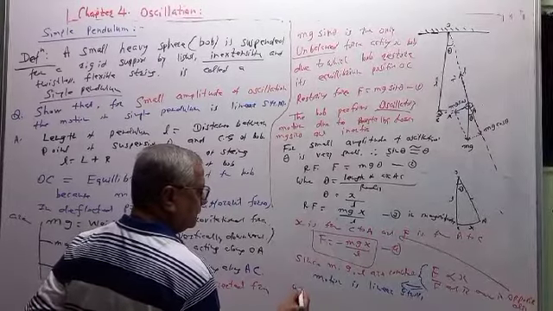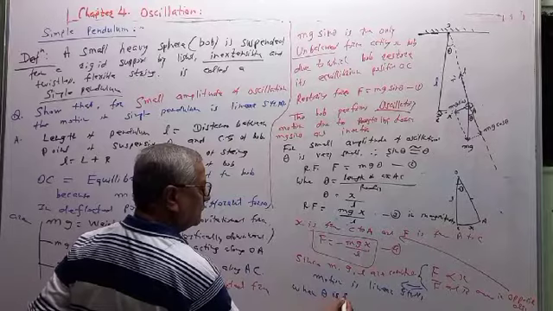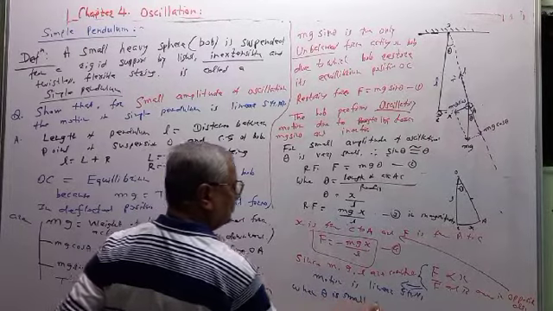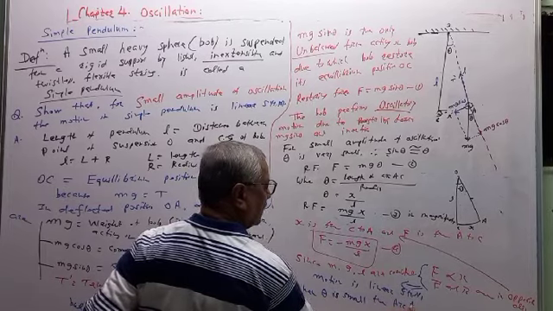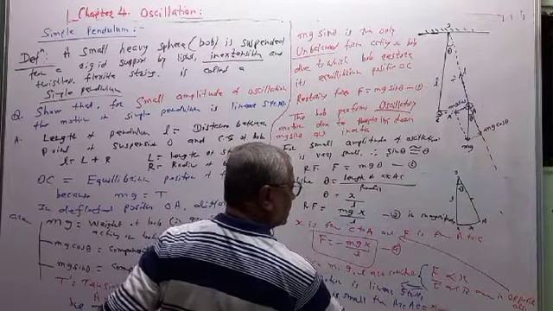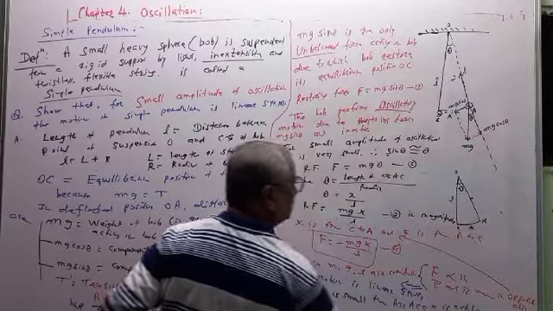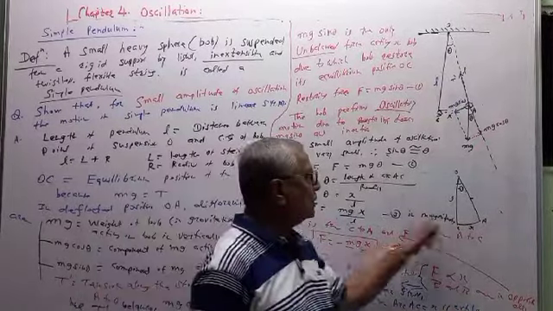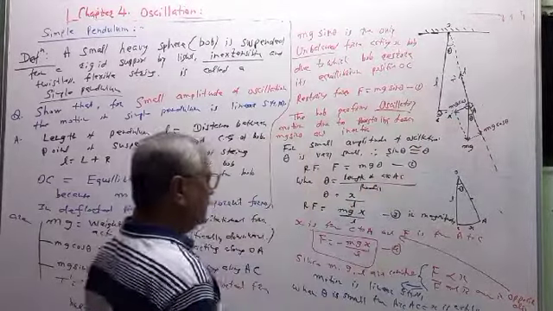When theta is small, then arc AC, equal to x, is a straight line. So the bob performs oscillatory motion along the straight line A to C, C to B, etc. And therefore it is a linear SHM.